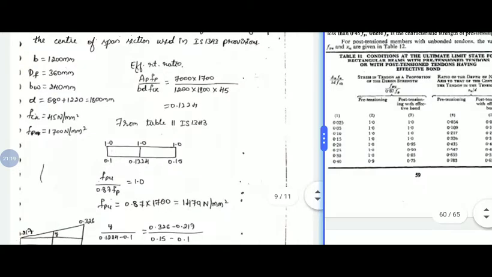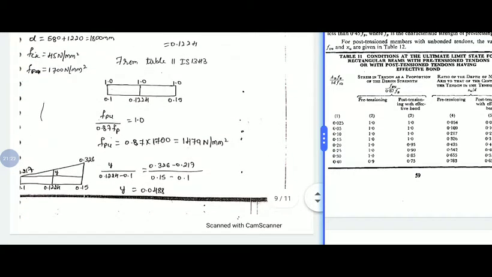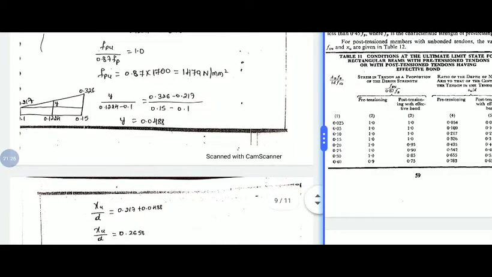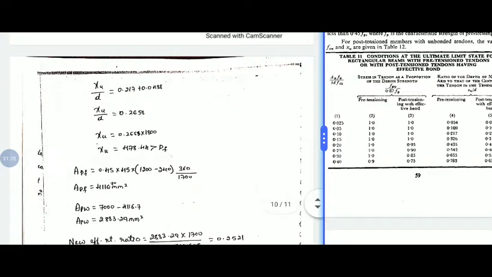Considering both values, we can get the values of FPU and XU by D. The XU value is 478.344. The thickness of the flange is 360 mm. So XU is greater than DF, so the neutral axis lies in the web section.